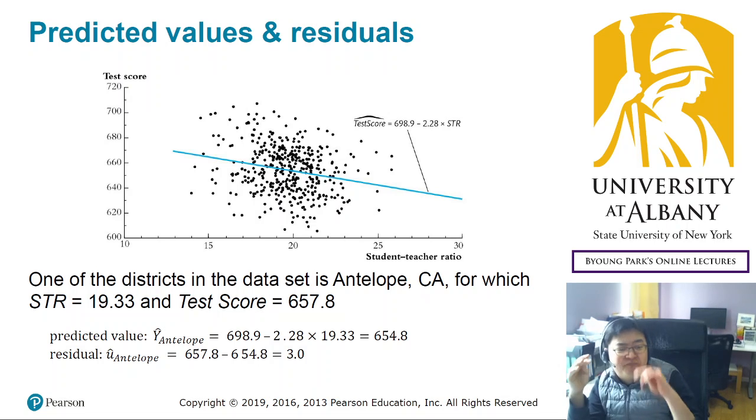So that is the error term. It may be your prediction error, or it may be that the school district has something good among the unobserved variables, maybe outperforming the expectation. Anyhow, your residual, your prediction error, is 3.